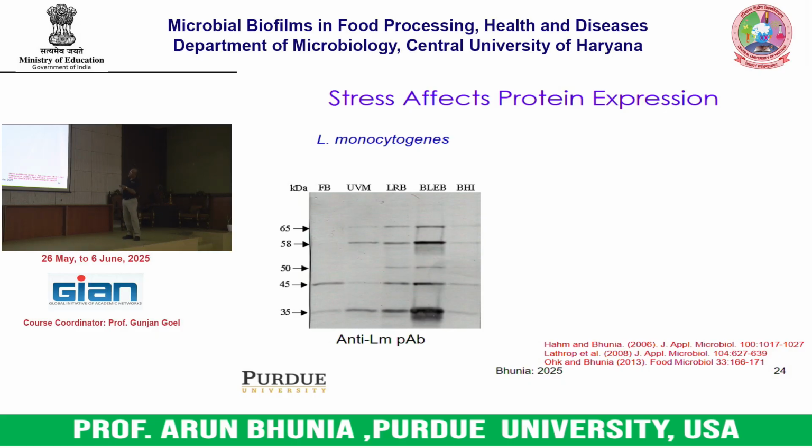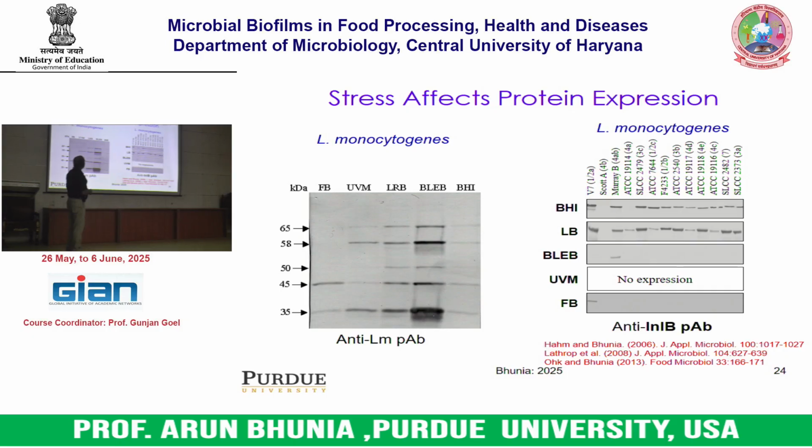If you grow the same bacteria in one medium, only these two major proteins showed up. Same bacteria grown in another one, I saw this protein and this protein. Another medium, you can see this profile. And this is another medium. So this is fascinating: because of different antimicrobial components, they stop producing certain proteins. Maybe some of those proteins are important for adhesion or attachment or biological function. But just to point out, when the microorganisms are under stress, they stop making certain proteins. Everybody clear on this? Any questions so far?